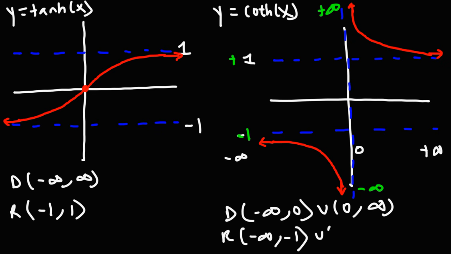And for the upper half, it's going to start at positive 1 and go to positive infinity. So that's the graph for hyperbolic cotangent of x. So hopefully this video gave you a good introduction into understanding the graphs behind these functions and how they work. Because once you understand where they come from, you can easily remember how to draw them, rather than simply relying on memorization.